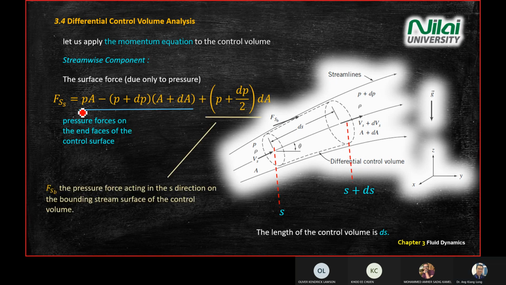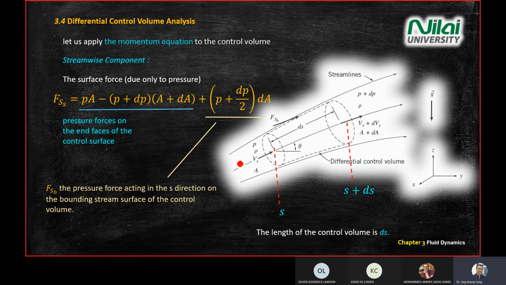This is what we looked at previously when we considered the momentum equation. The first term and the second term are the pressure force on the end faces of the control surface. What you need to focus on here is the negative sign. Why do you have a negative sign here?